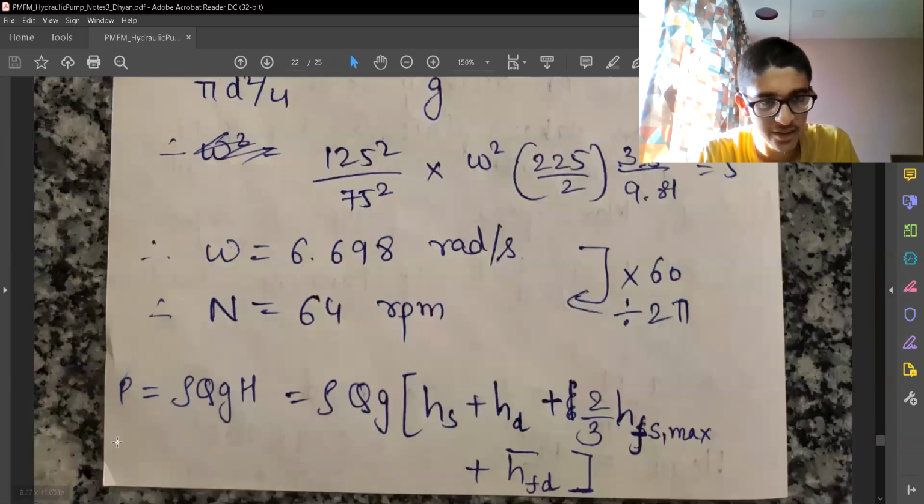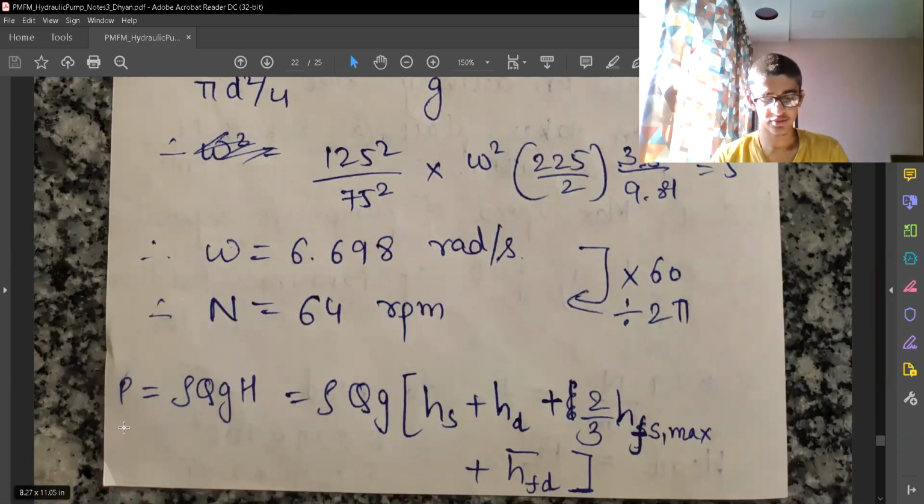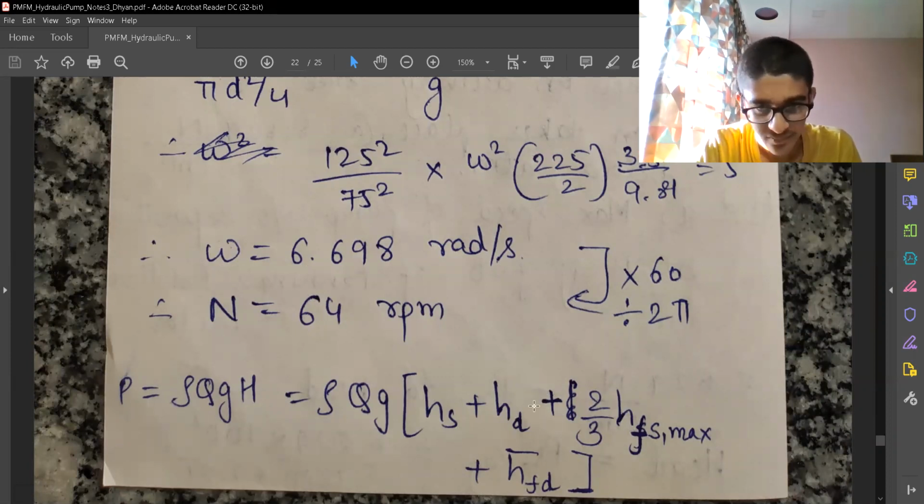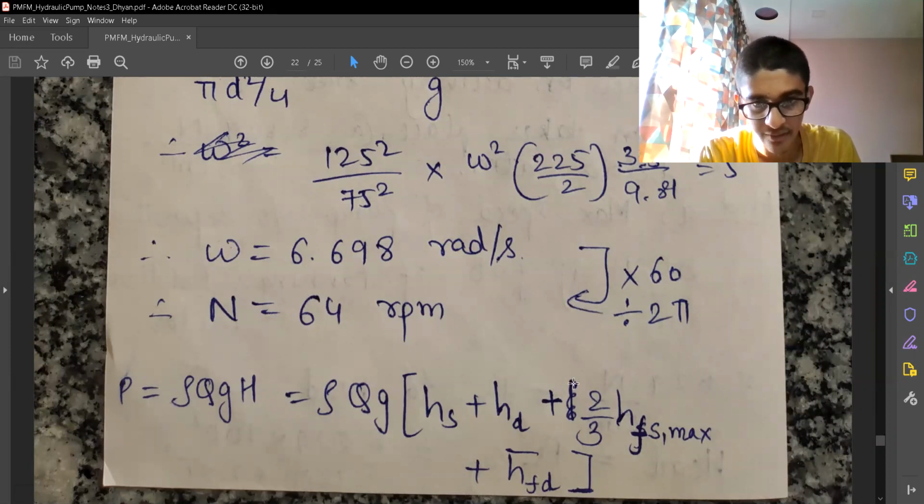And then we have to find the power. The power is given by rho q g h, and take a close look at which heads we are including. We have suction head and delivery head. There are no changes due to acceleration, so we have not included any acceleration changes here. Then we have included the friction terms.